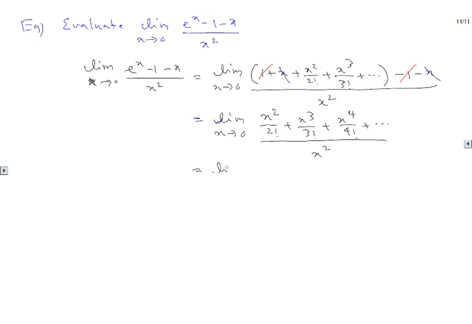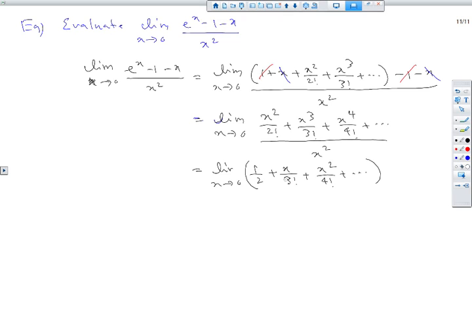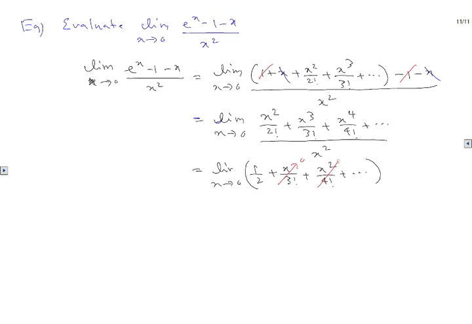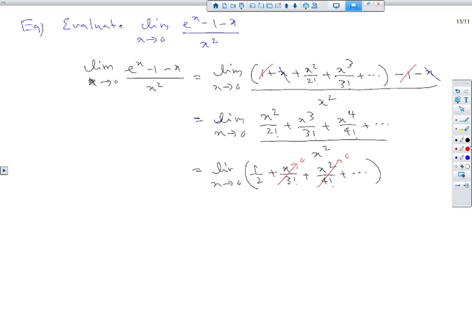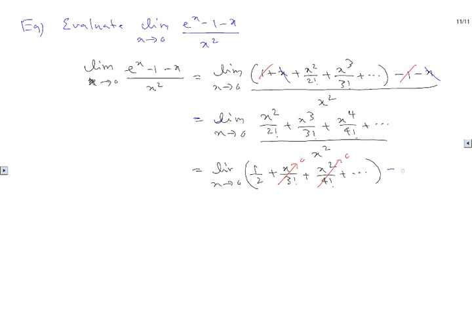You're going to get the limit as x goes to 0 of 1/2, and then x over 3 factorial, x squared over 4 factorial, like that. But you can see when x goes to 0, all those terms go to 0. So this goes to 0, this goes to 0. So that means you simply end up getting 1/2.